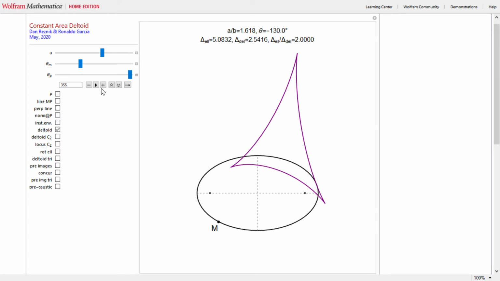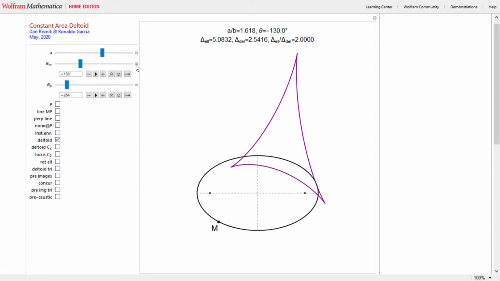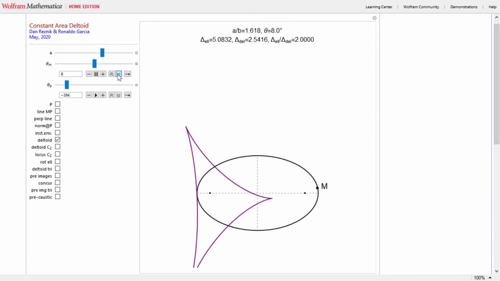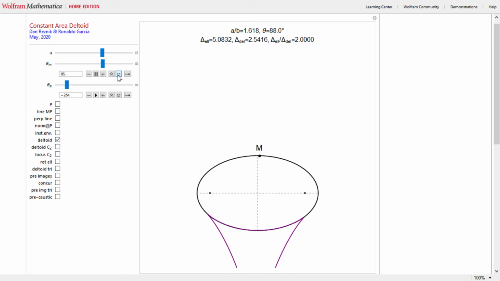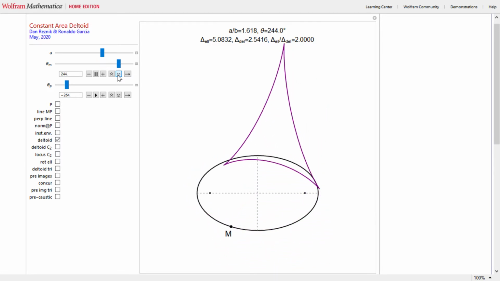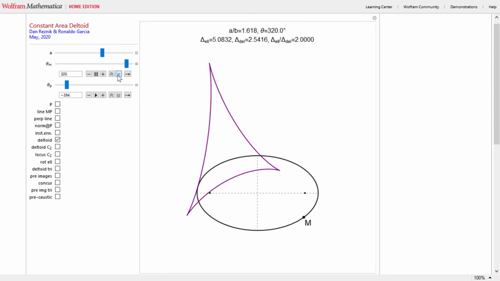If I move M around, not P but M, each position of M induces a deltoid that looks slightly different from one another, right?